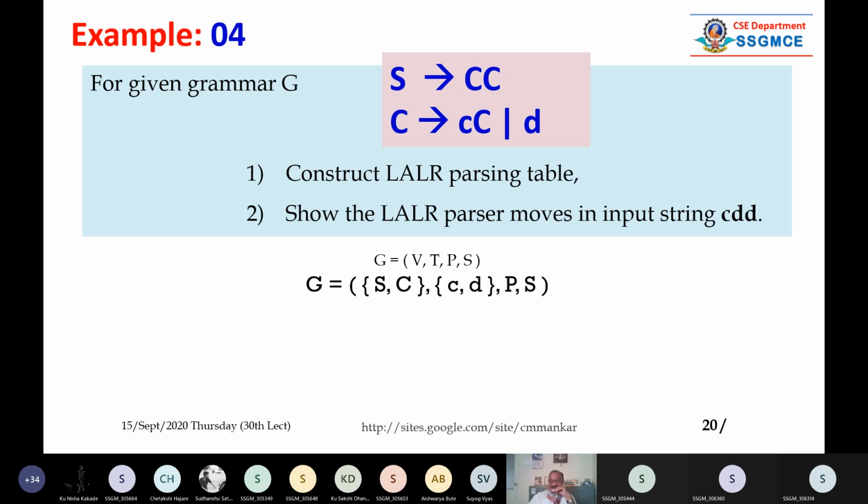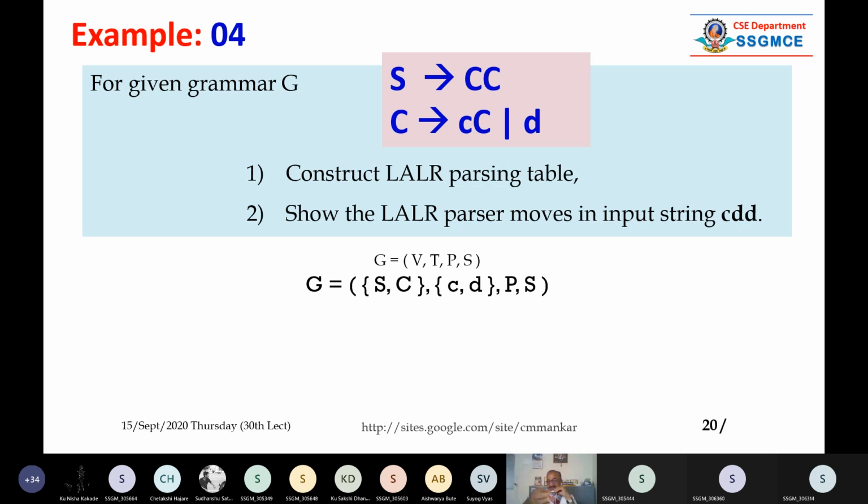So I again suggest you go and get the definitions of the grammars. You should be able to write the definition. Suppose I ask you, what is SLR1 grammar? You should be able to write a definition in one or two lines and one or two small examples.